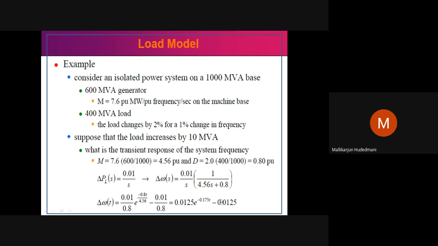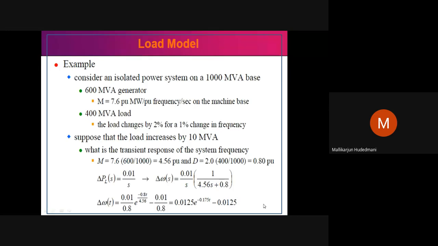Now to get the steady state response of this deviation and the final frequency, what should I do? Take the inverse Laplace of this function. Take it in Kp by 1 plus sTp format, then make it a partial fraction and get the expression for delta omega t in time domain as 0.0125 exponential minus 0.175 t minus 0.0125.